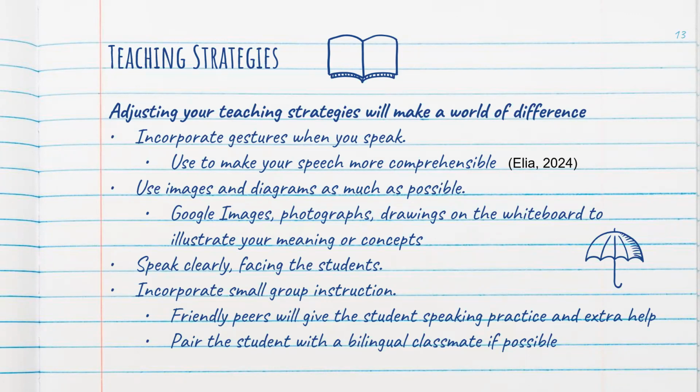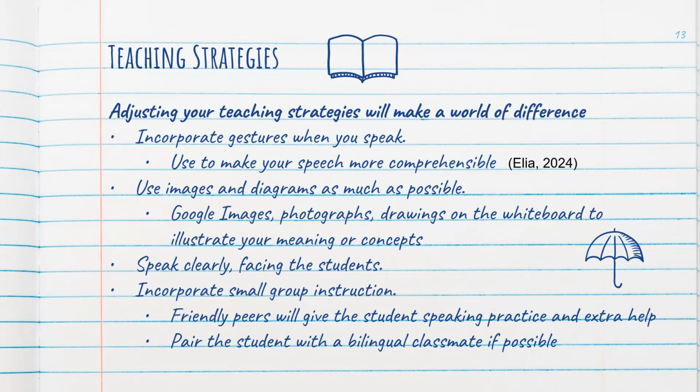If you have diagrams to illustrate what you're talking about, use those. It will also help when you're teaching new vocabulary for students to connect these ideas with the photographs and images.